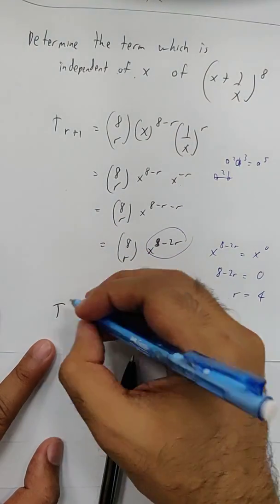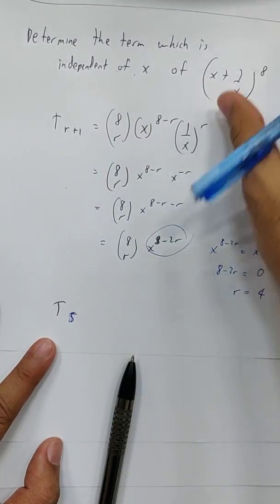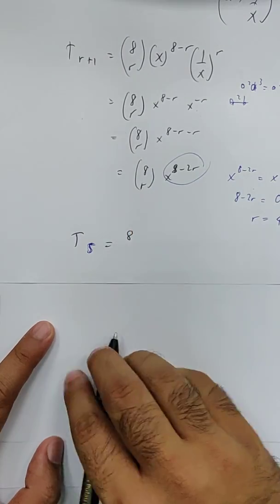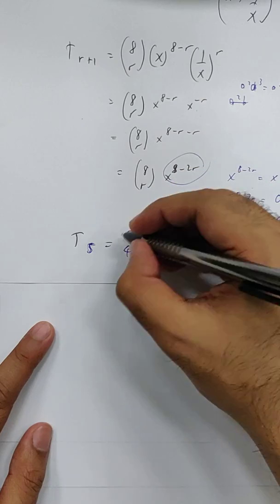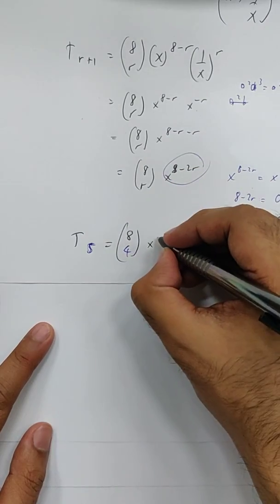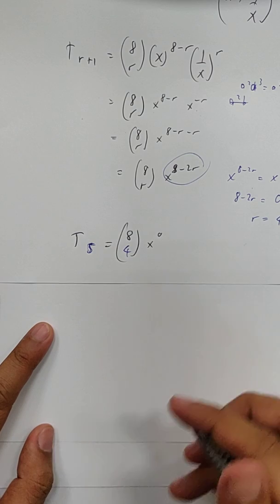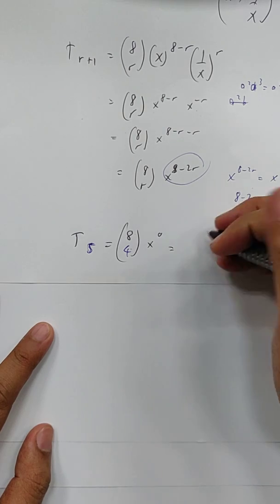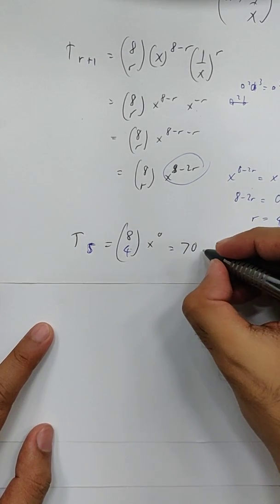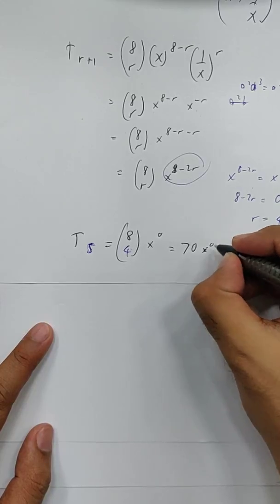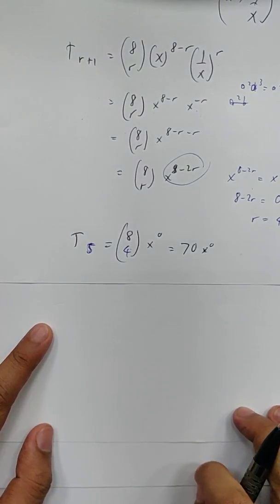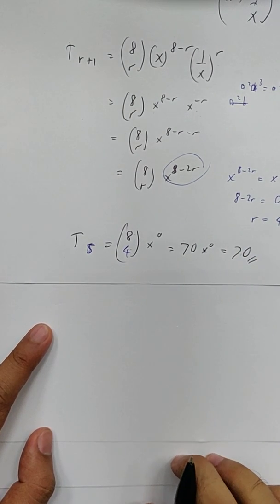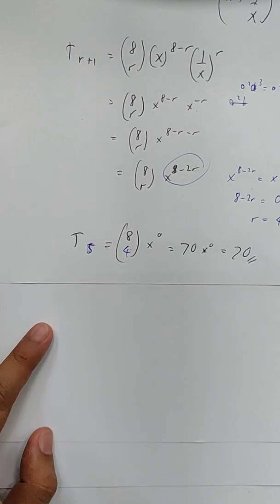So T5 equals 8C4 x^0. You don't have to write the whole thing down, we know it's x^0 already. So 8C4, come again? Just press your calculator. 70. Should we write down x^0? Why not? x^0 is 1 anyway, so 70 is, for me, good enough. You guys okay?